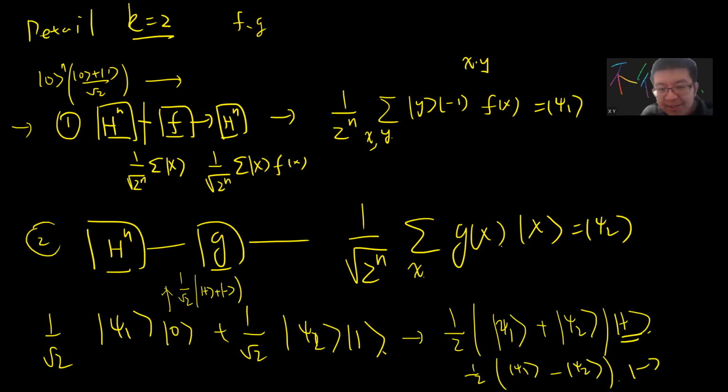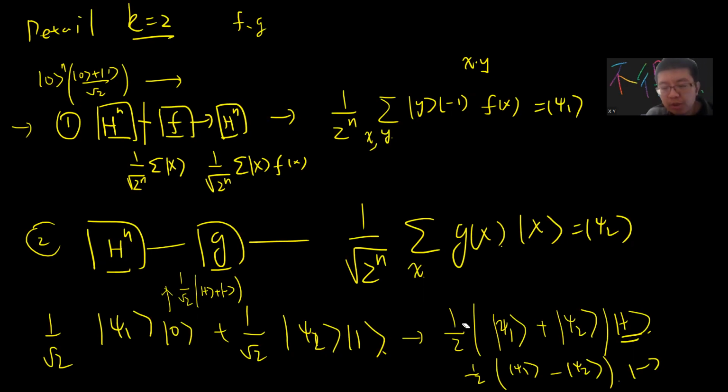Okay, so let's do this. As I said, let's forget about this half. I forget about this half because I will calculate the inner product of this, and I know that it's proportional, so I will do the normalization after I finish the calculation.